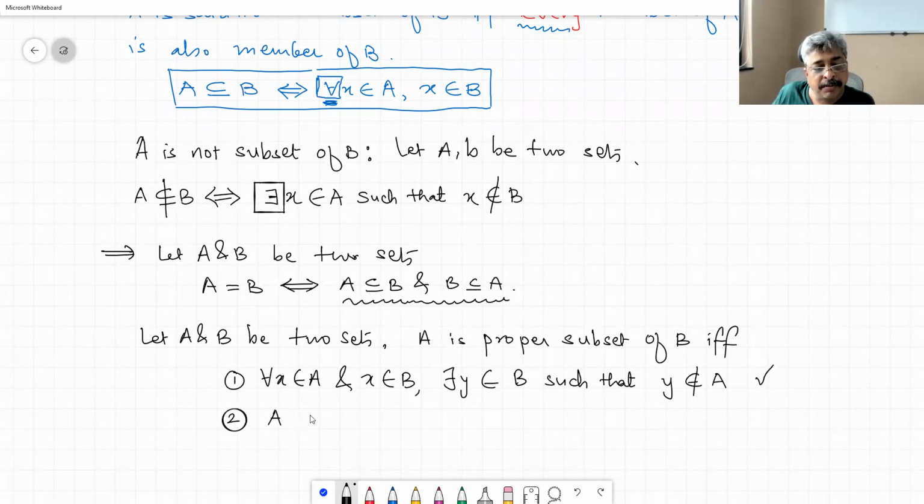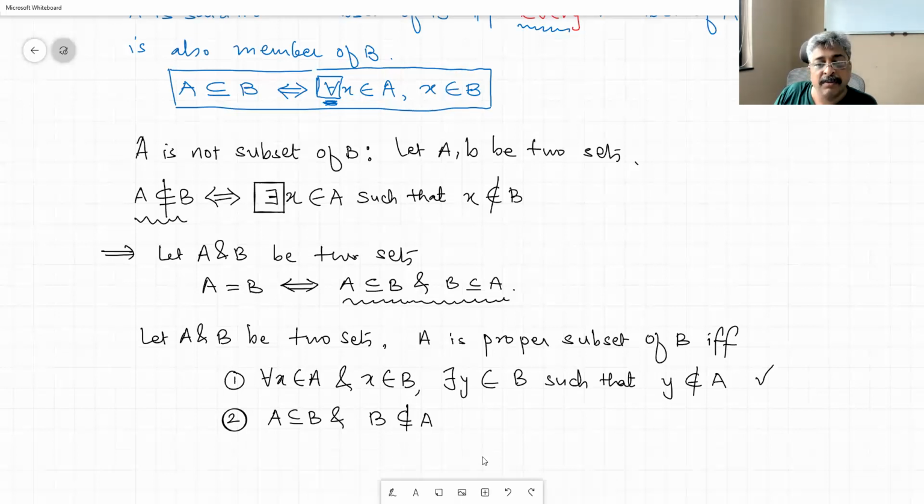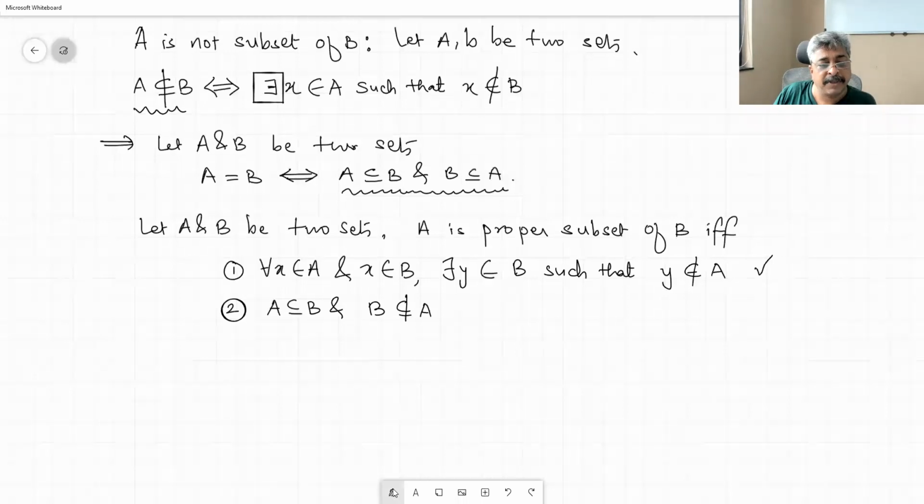A is a subset of B and B is not a subset of A. But we have defined not subset. Then A is a proper subset of B. You can write it by using part of the first and part of the second.